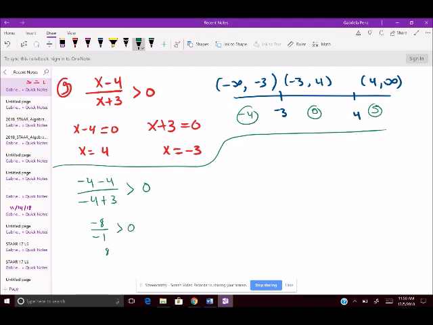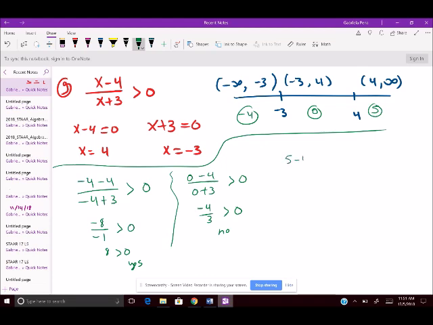Well, it's positive 8 because a negative divided by negative becomes positive. So this is a yes. Then we try the 0. 0 minus 4 over 0 plus 3, negative 4 over 3. So that is a negative number. It's not greater than 0. So this is a no.